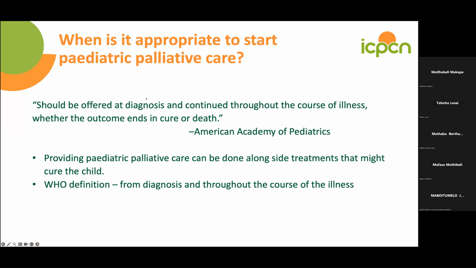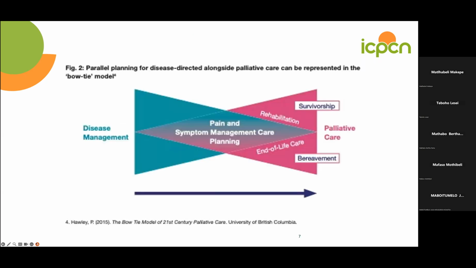So we know that it is appropriate, and this is just a reiteration from the World Health Organization, but also from other palliative care organizations, that we need to be offering care as early on as we can, right through the course of their illness. I like this.